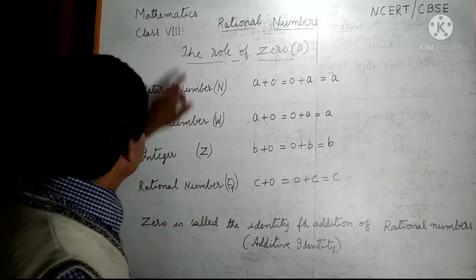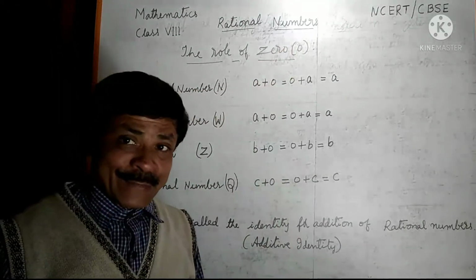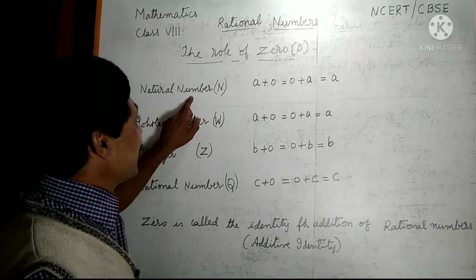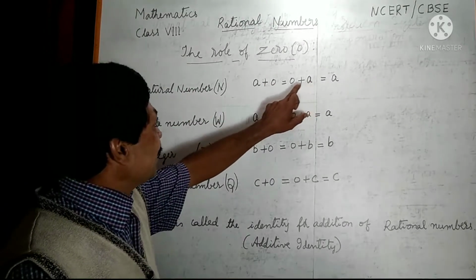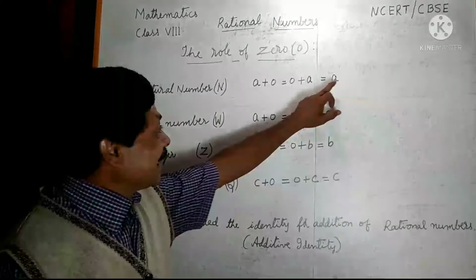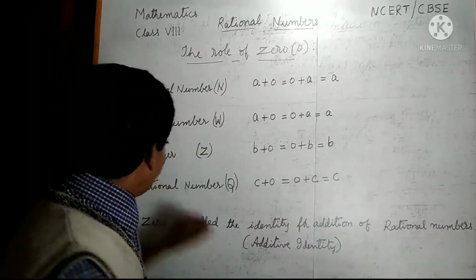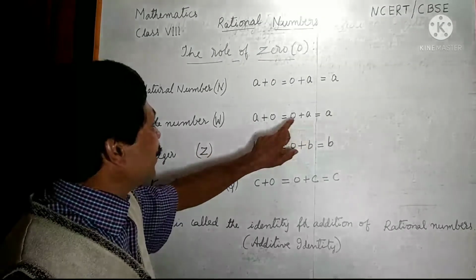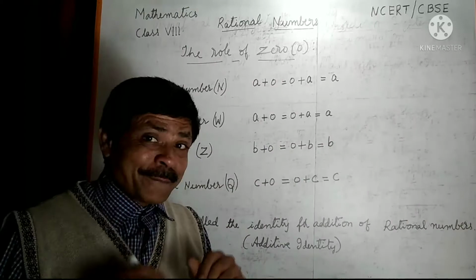Next is the role of 0. When we add 0 to a natural number or a natural number to 0, we will get a natural number again. And when we add 0 to a whole number or a whole number to 0, we will get a whole number again.